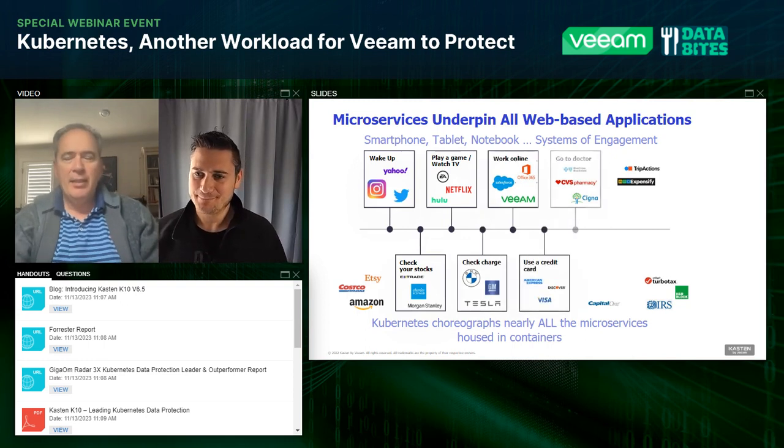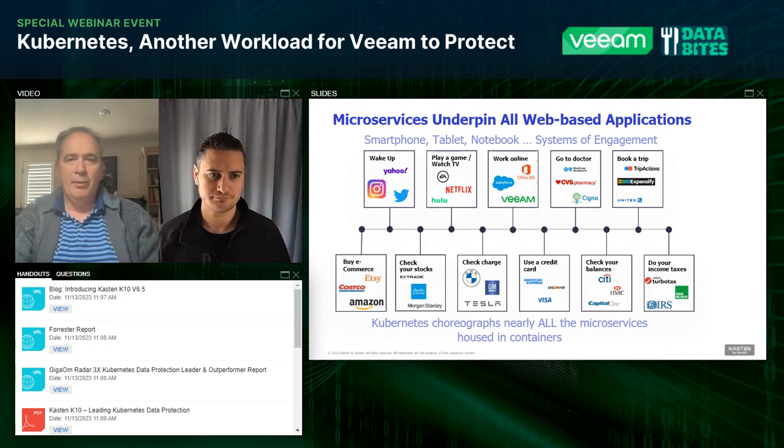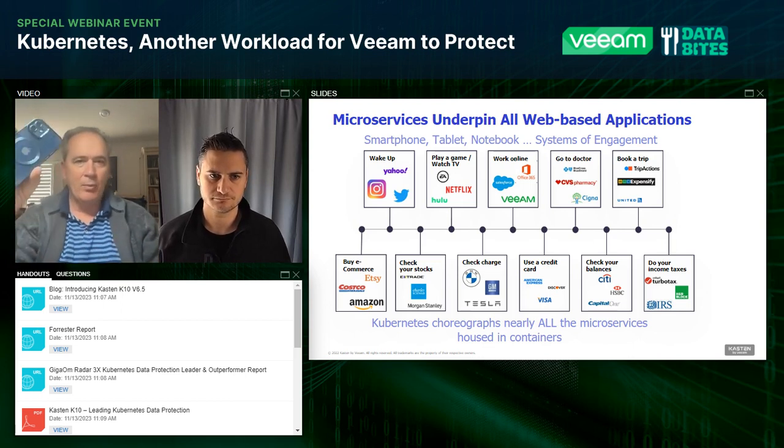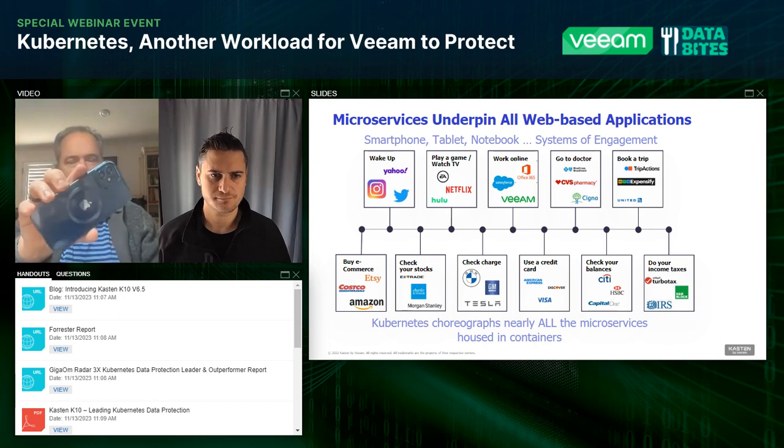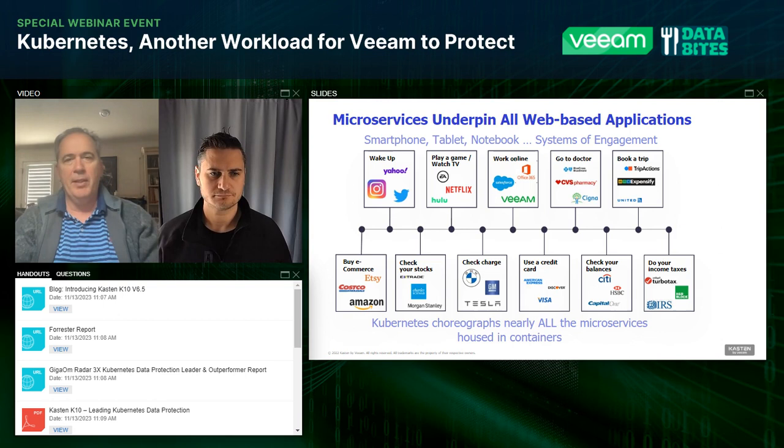So as the slide builds out, I just want to bring to the forefront how prevalent Kubernetes and containers are in our everyday life. It doesn't matter what we do during the day, accessing a web browser, our smartphone, a tablet, a laptop, a workstation, it doesn't matter.